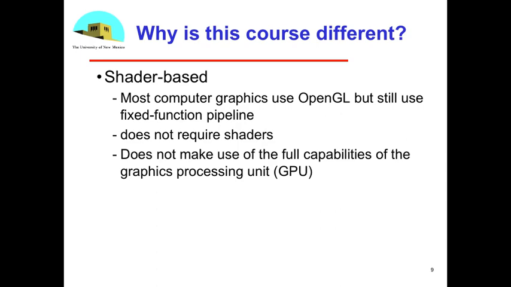And it's all gone for a reason. That was called a fixed function pipeline. When you specified some geometry, it went through a fixed set of operations, didn't really need you to use shaders to do it, but it didn't really use the capabilities of a modern graphics processing unit.